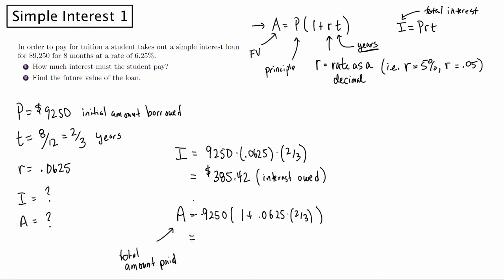And I could just come up with a value here, but I hope it's pretty obvious to you that the future value is simply just going to be the amount we started with plus the amount that we owe. And that's sort of that third formula here, which is the account size is always equal to the principal plus the interest earned or owed on the account. And so regardless of which way you decide to do this, you're going to get the same value here.